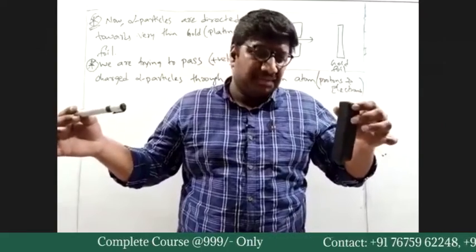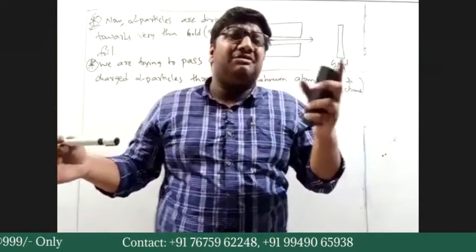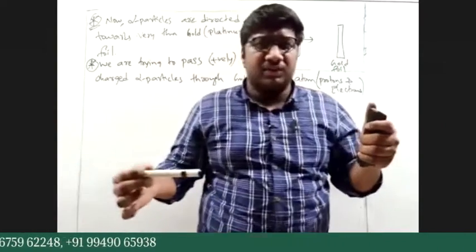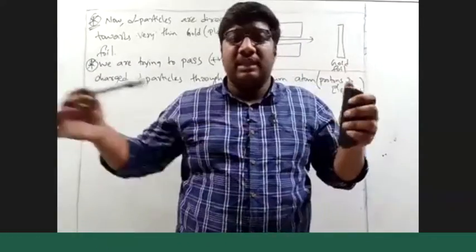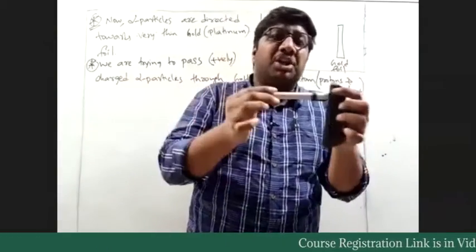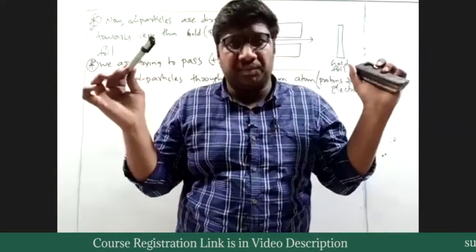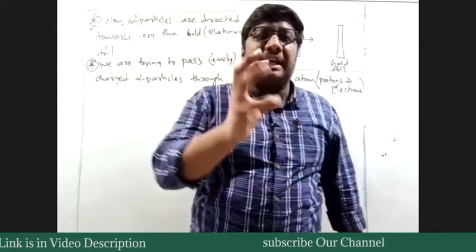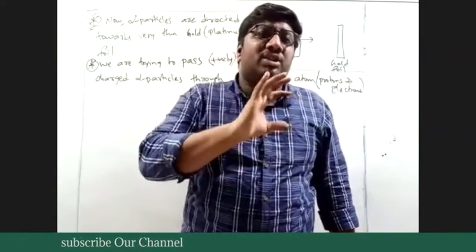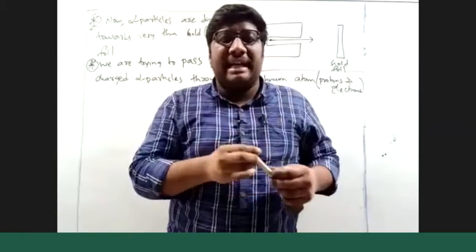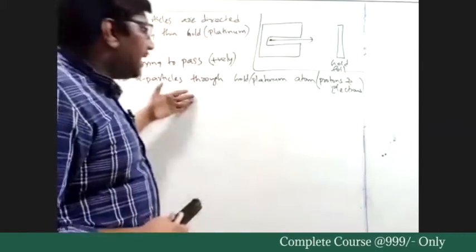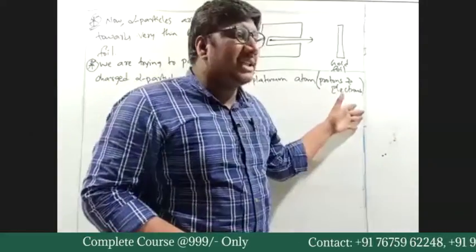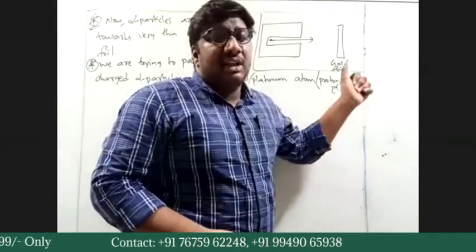Now you can observe, if positive charges are present on the sides of an atom, then positive repulsion will be experienced. Yes or no? If we have a spherical ball with protons on the surface and I am incidenting alpha particles, which are positive, I am inserting positively charged particles into a positively charged atom.